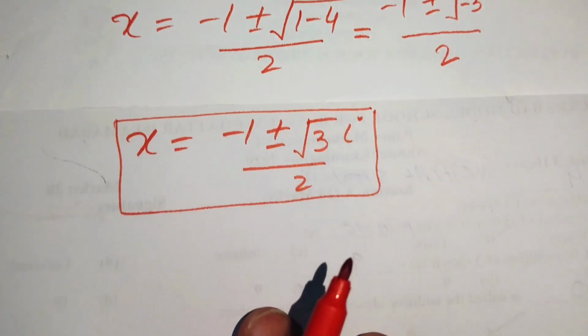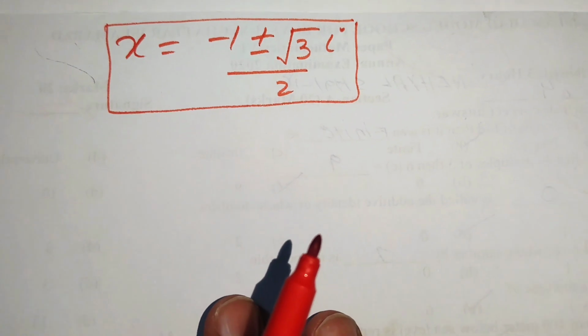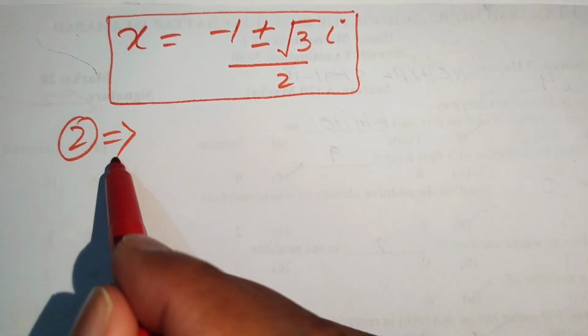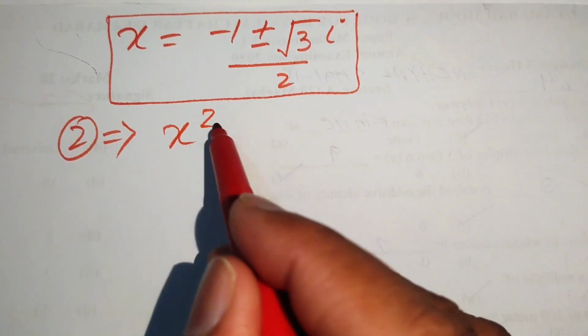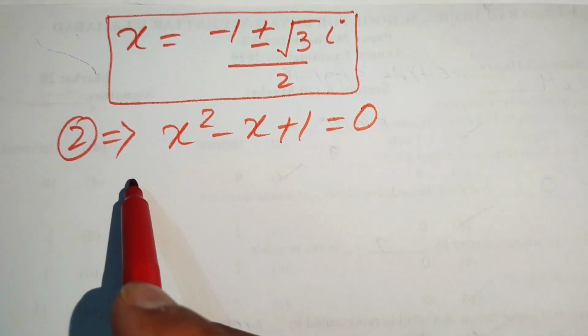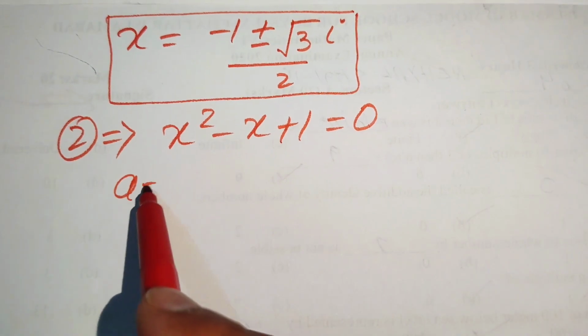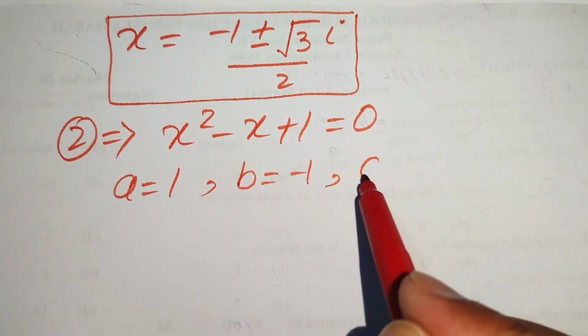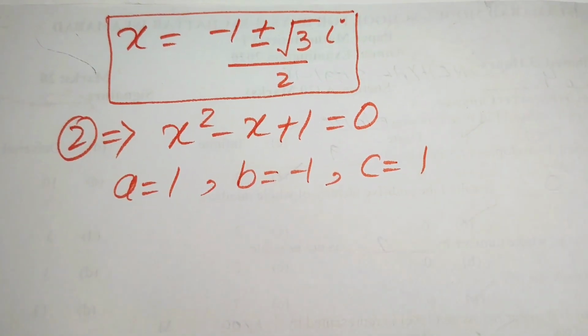Now in order to find the other roots, we need to focus on equation number 2. Equation number 2 implies x^2 - x + 1 equals 0. Again we write the coefficients of this equation: a equals 1, b equals -1 and c equals +1.